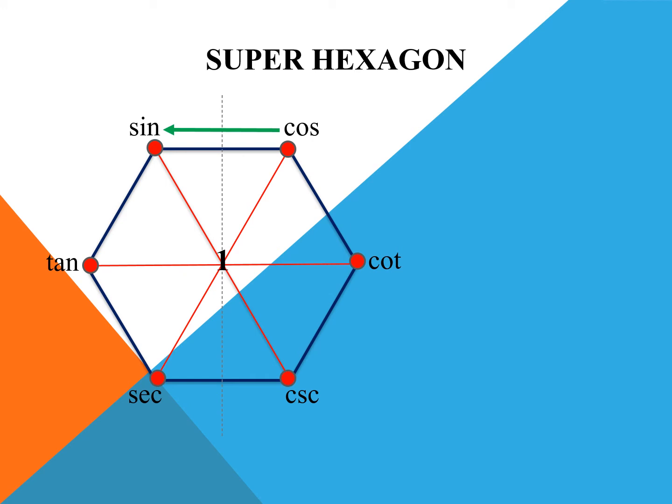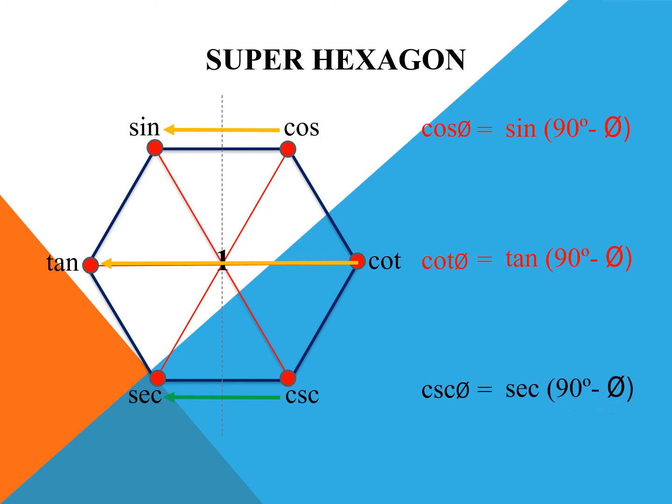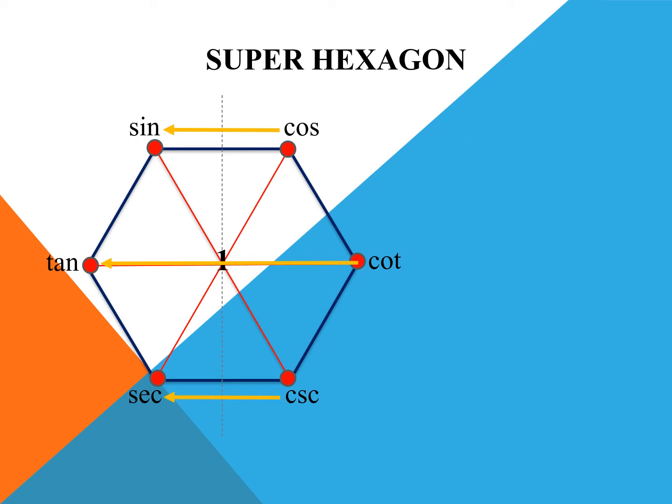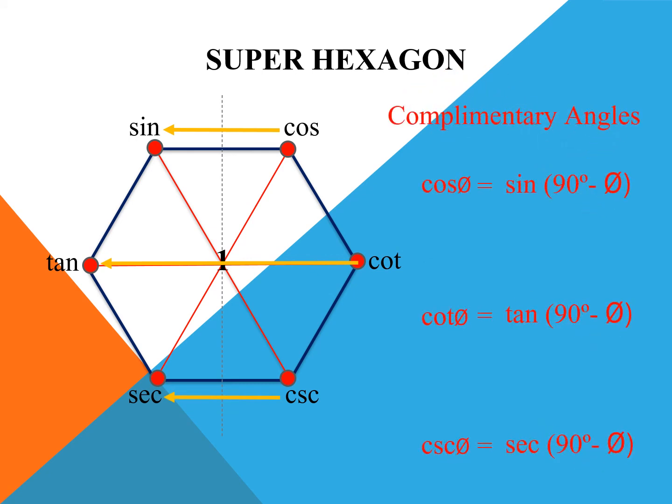Don't worry, the pattern is still the same. Cosine theta is equal to sine of 90 degrees minus theta. Cotangent theta is equal to tangent of 90 degrees minus theta. Cosecant theta is equal to secant of 90 degrees minus theta. And these are our complementary angles.